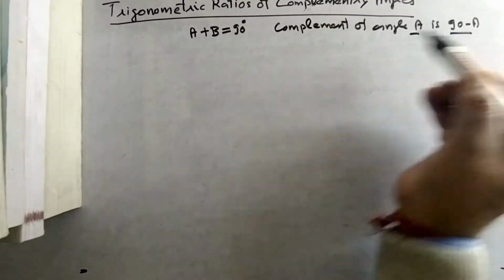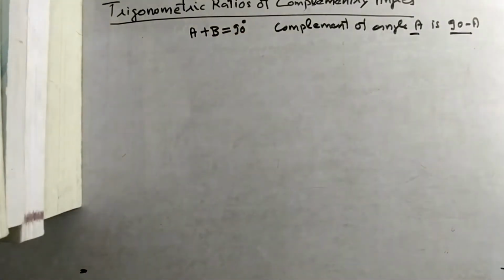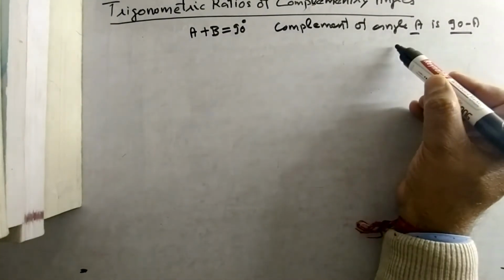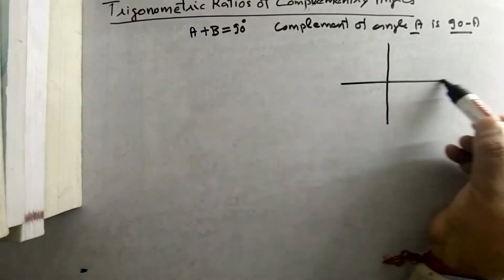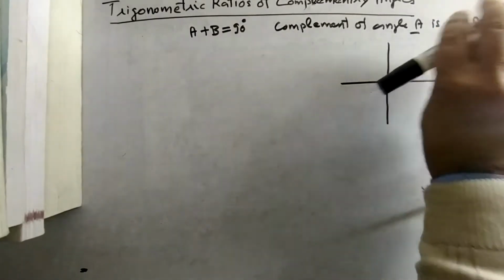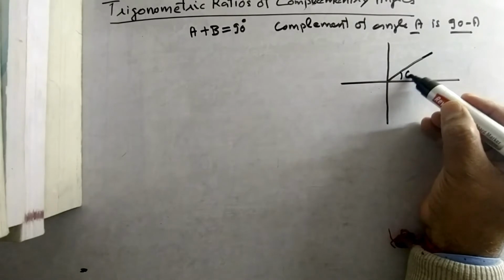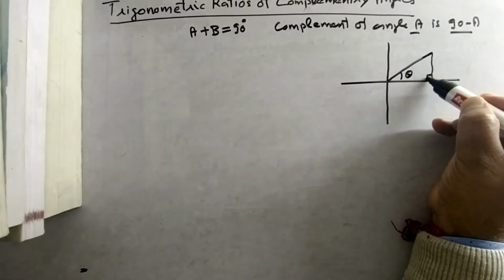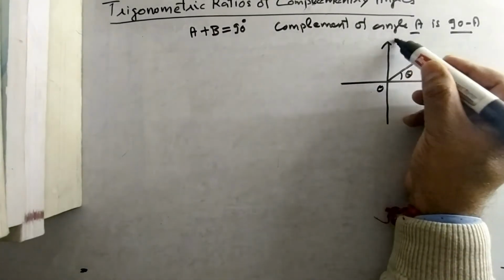Okay, so let us discuss how to find the trigonometric ratios of these complementary angles. Very simple. Just go through this diagram. This is a revolving line, it is moving like this, and this is the angle theta. If you draw a perpendicular, this is the O x-axis, this is the y-axis.